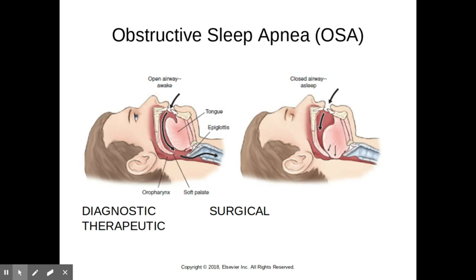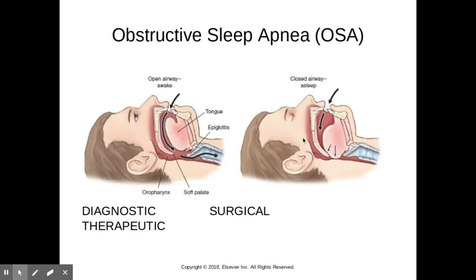Obstructive sleep apnea. Okay, with that, we have a normal airway, right? Air goes through the mouth, the pharynx, the larynx, right? The epiglottis is here, right? Allowing the air to go down.